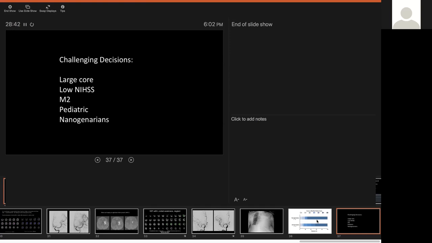And at Stanford, after Diffuse 3, our thrombectomy volume doubled in the year after Diffuse 3. So that's about what we would have expected. Now, there are other sites where that didn't happen. One of the reasons is if you're in a big city and the majority of your big strokes come in very quickly, then you're not going to double your volume in the late window. But if you're a place that gets a lot of transfers like we do, then you could expect to double your volume as long as people are screening.